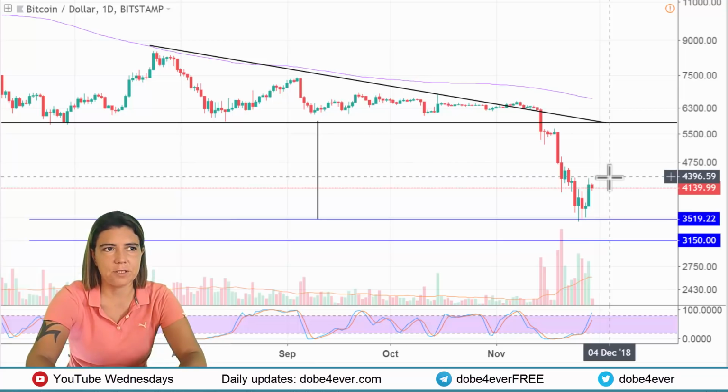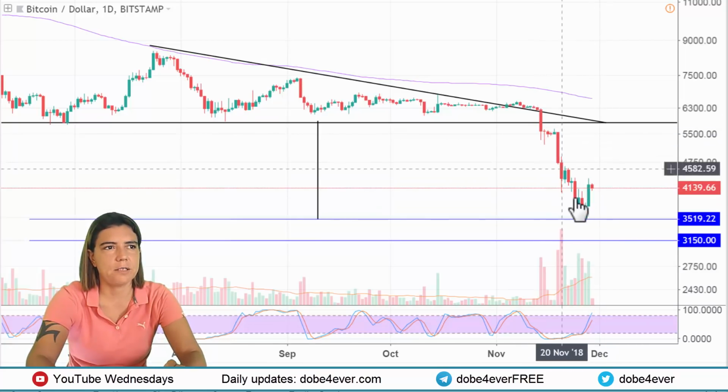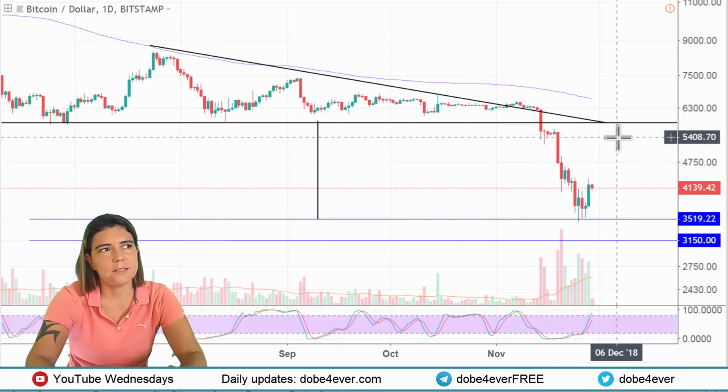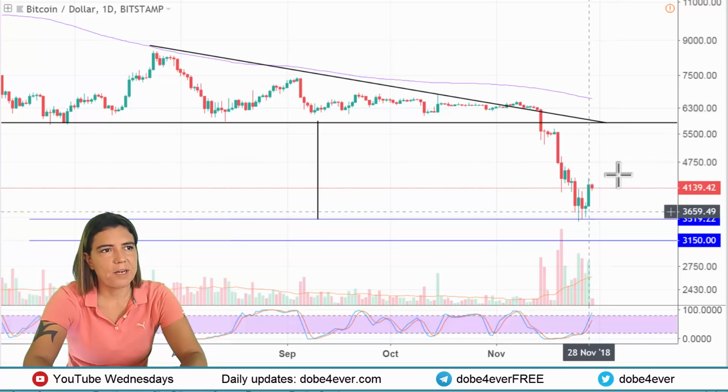So when that happens, it's the perfect longing opportunity. And same for bear markets. When the price retraces all the way up to touch the 200-day moving average during bear markets, that's the perfect shorting opportunity. I don't anticipate it'll get that high, but if it happens, that would be very good for shorting. I would for sure be selling some BTC there with the intention of buying lower later on. But for now, the price is bouncing.